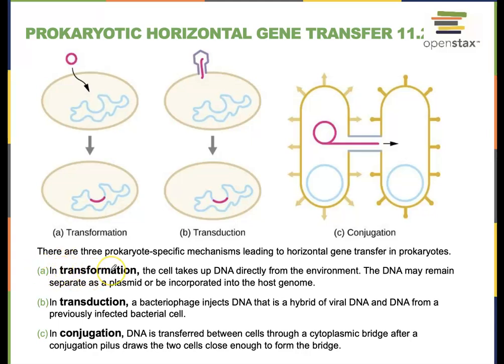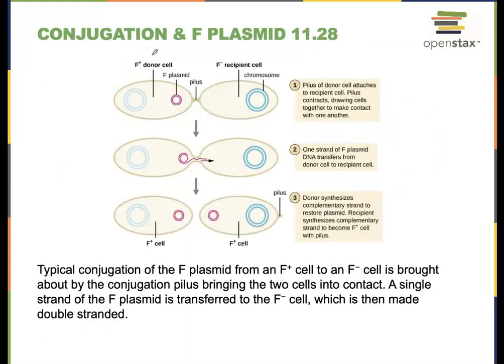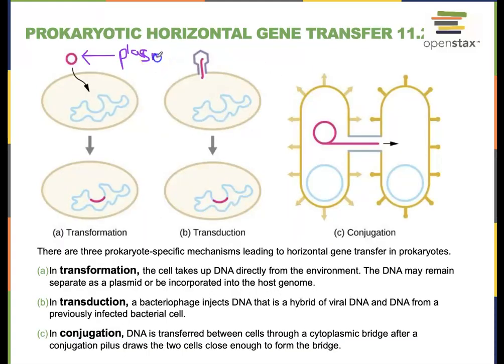Letter A is transformation. We talked about this one. Transformation is simply that some bacterial cells, this guy right here, that's a plasmid, a little piece of circular DNA, is just hanging out in the environment.